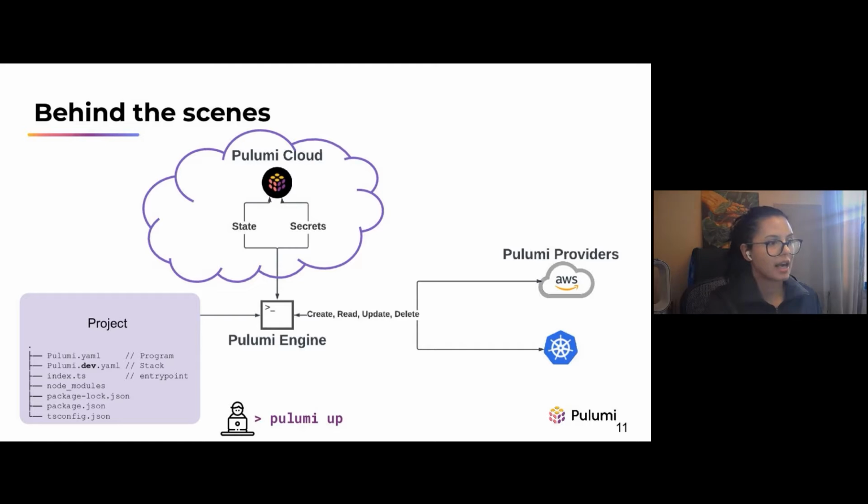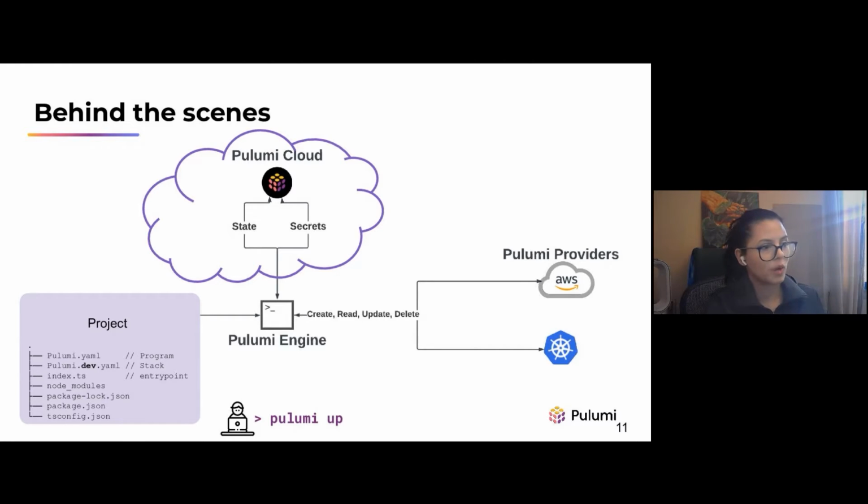In this case, I only have a single stack, which I call dev. And then you have the entry point file. The entry point file will depend on the programming language that you're using. If you're using Golang, it'll be main.go. If you're using Python, it'll be __main__.py, and so forth.